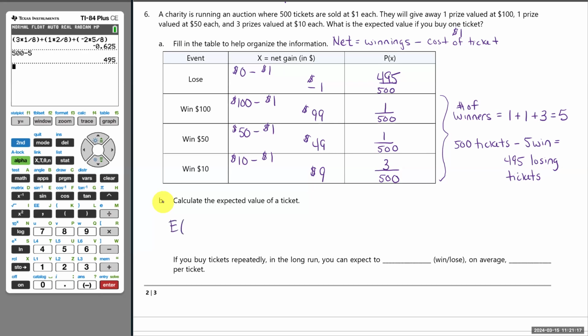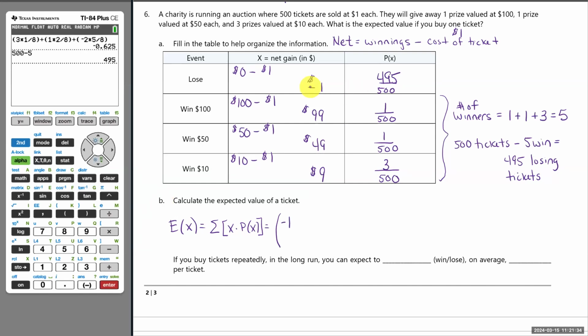So the expected value of a ticket, so we'll take the sum, capital sigma, of each product X times its corresponding probability. And I'm going to, again, just put these pairs in parentheses so you can see them.